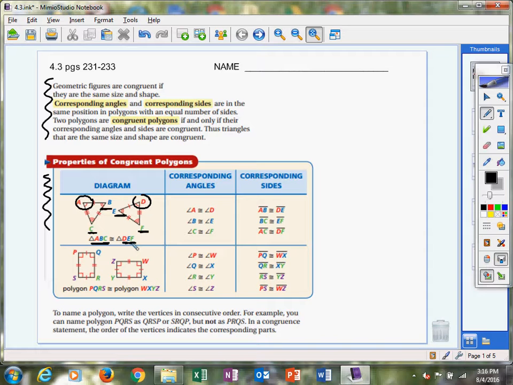So we have to be really careful when we name these. Now, you don't have to name your triangles that way. You didn't have to do ABC. You could have done triangle CAB. Okay, that's fine. You can do that, but let's look. Angle C has 3 arcs. Look to the other triangle.